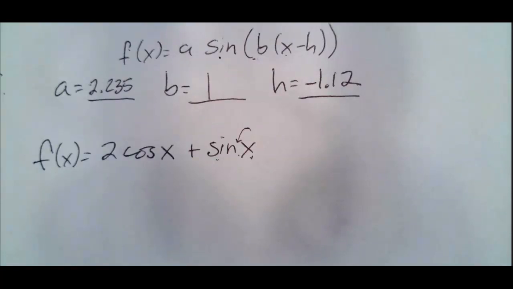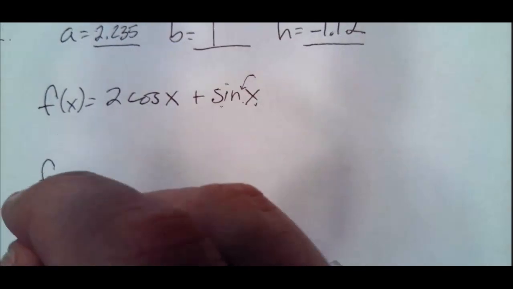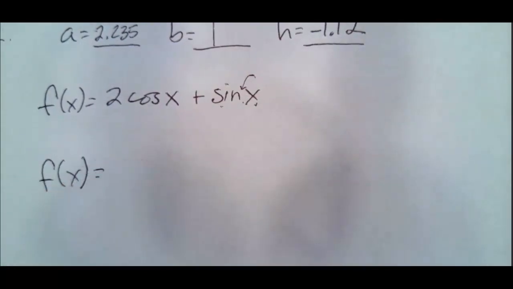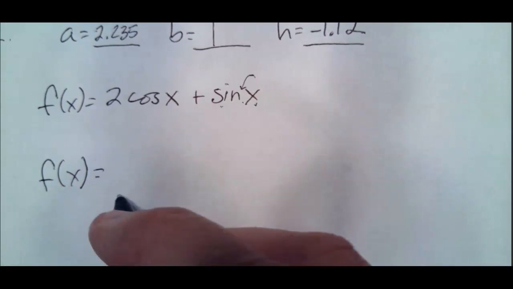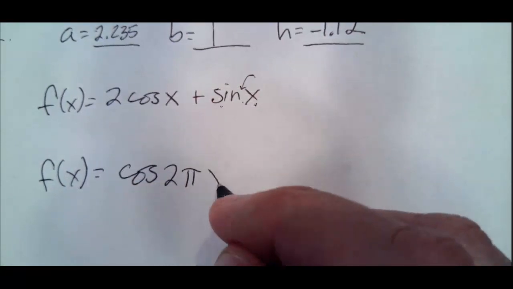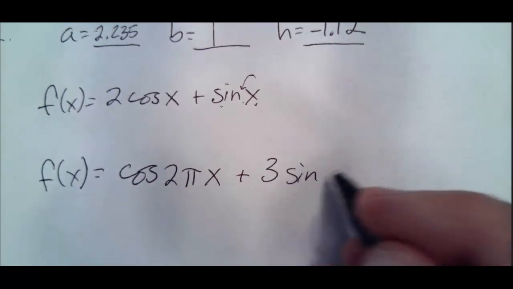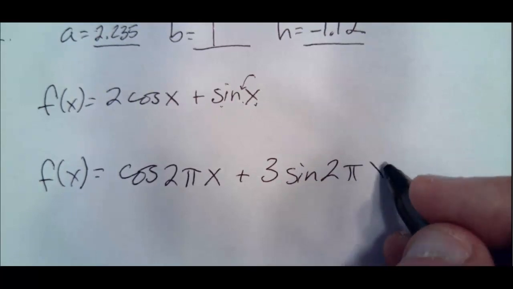Okay, let's try another one. Function of x is equal to cosine 2 pi x plus 3 sine 2 pi x.